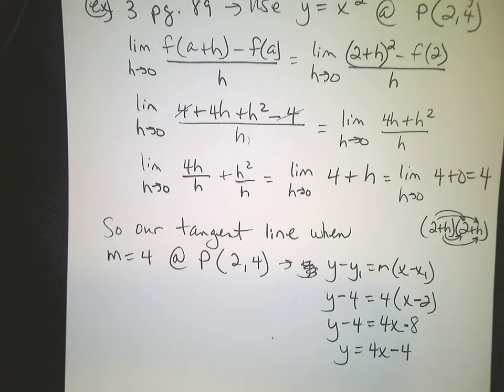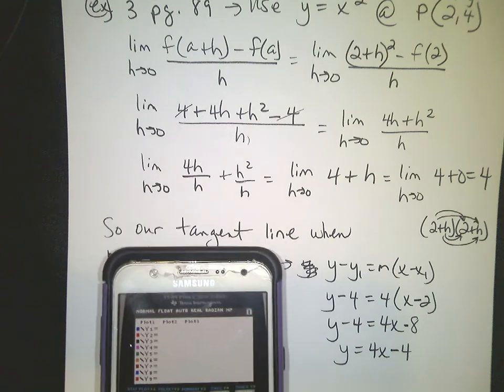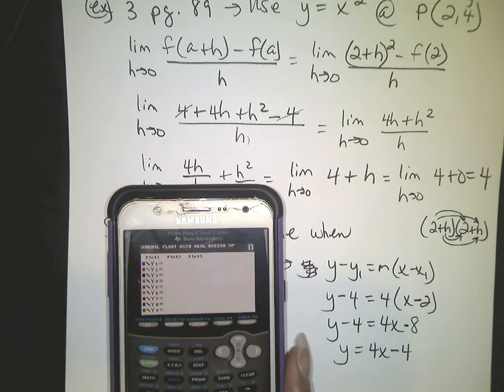So, what this is saying, I don't know if I could pull it up on my calculator. Let's see. Maybe it'll show it. Hopefully you can see it. Okay, well, I can't zoom in. But what this is saying is, if I graph x squared, so that's our curve, because that's a parabola.